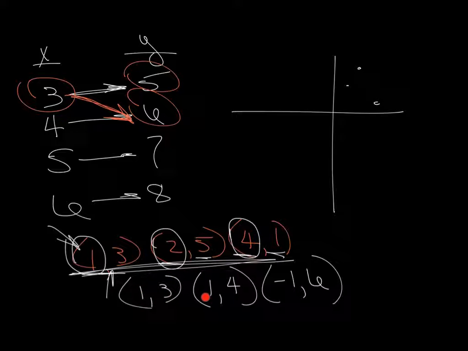I put in a 1, put it in the machine, it kicks out a 4. I can't put a 1 in and get two different y values. Not happening. So if you're given a list of coordinates like this, and your x's repeat themselves, then that is not a function.